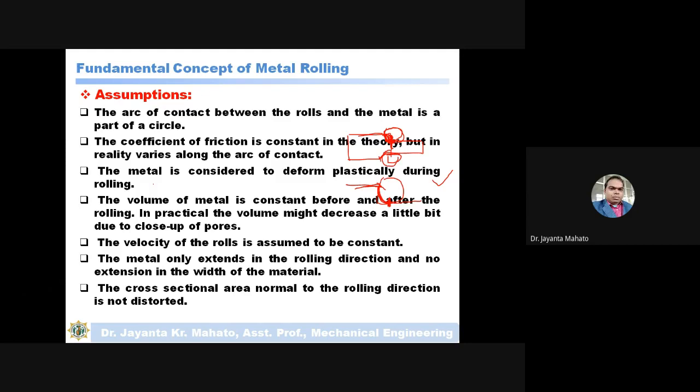The metal only extends in the rolling direction and there is no extension in the width of the material. So the material only extends along the length.